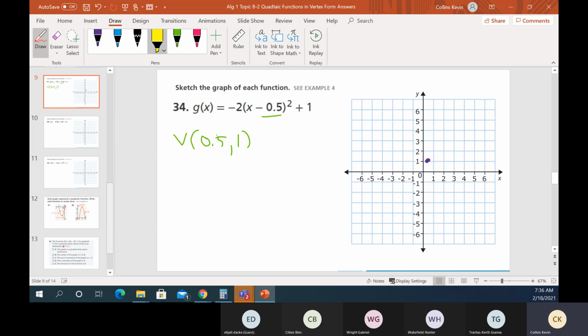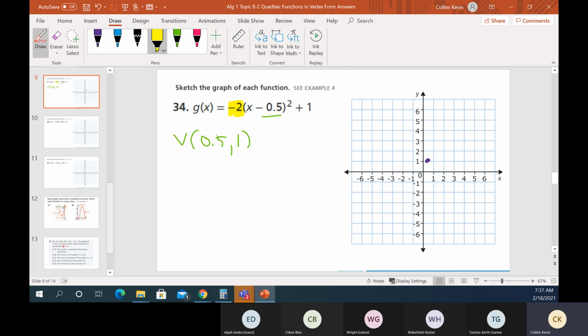So next thing we want to look at is the guy out front here. So are we going up or down? Yeah, so this one's going to go down. And since we got the 2 there, we're going to do the same type of thing.